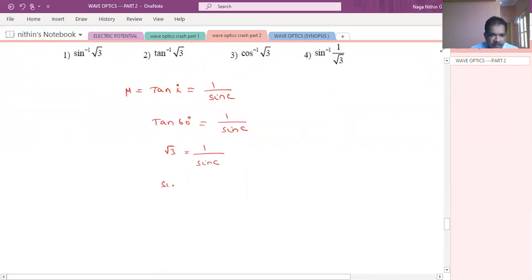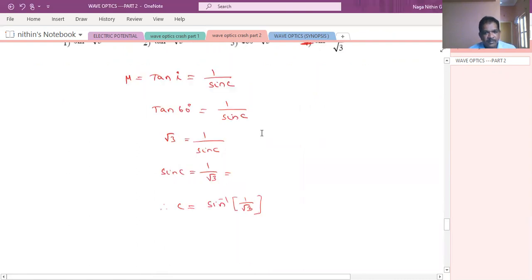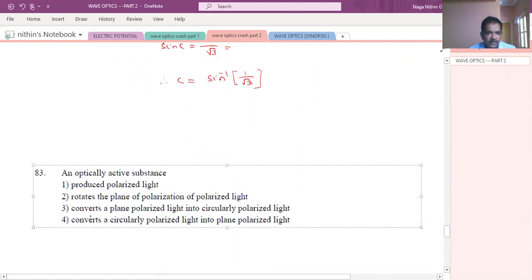So sine c is equal to 1 by root 3. Therefore, c is equal to sine inverse 1 by root 3.